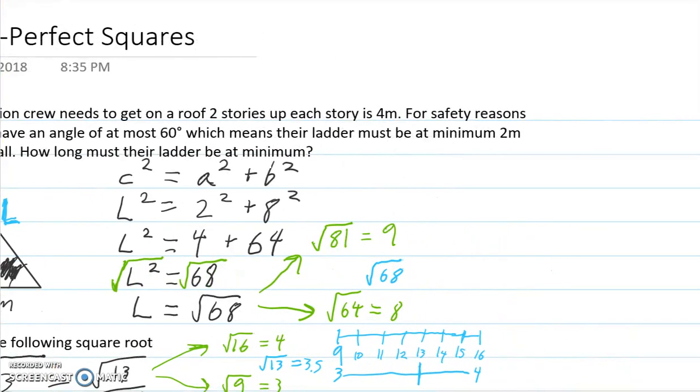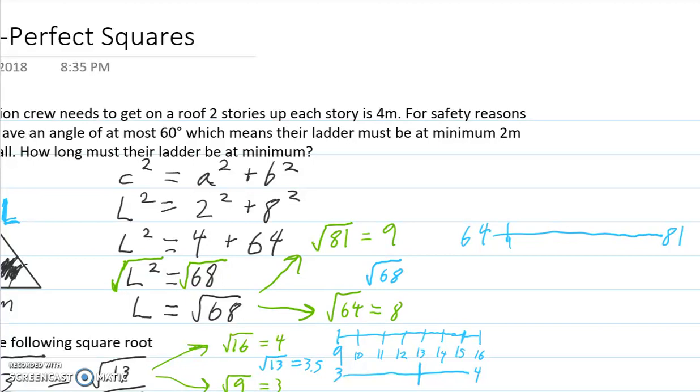So we need to make a number line with these numbers, 64 going all the way to 81. Where is 68 on that? It's pretty close to the 64 side. There's a total of almost 20 or so numbers in between, a little bit under that, and 68 is 4 higher than this side.